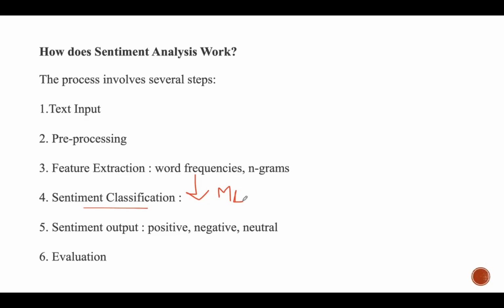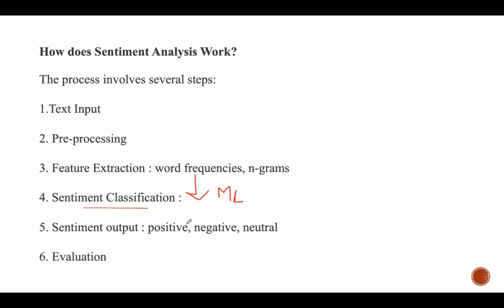If you take the second category, that is the machine learning approach, you can use support vector machine, logistic regression, or any other deep learning models like RNNs or transformers. All of them are trained on labeled data in order to classify the text into sentiment categories.